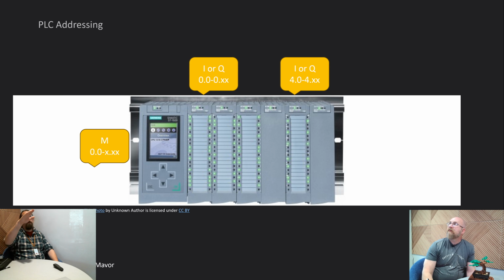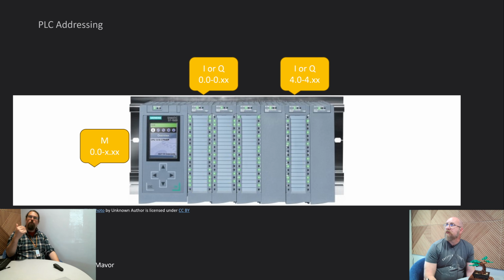And anything after the first number, so 0.0, 0.1, 0.2, 0.3, etc., corresponds to specific pins on the module. Yeah, the actual terminals. 0.0 is the first terminal on that module. Right. And then the next module over, the first terminal is going to be 1.0. And then the next module over from there will be 2.0, and then 3.0, and on and on.